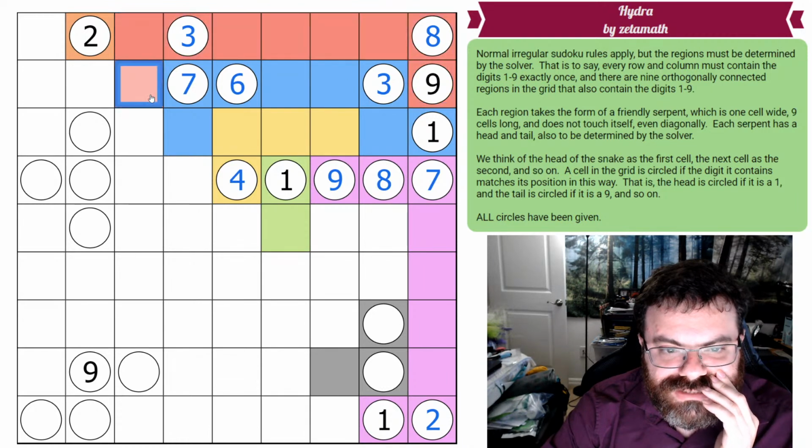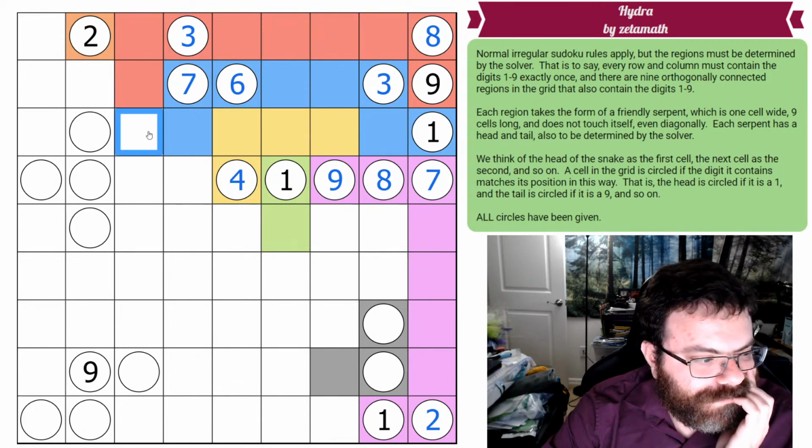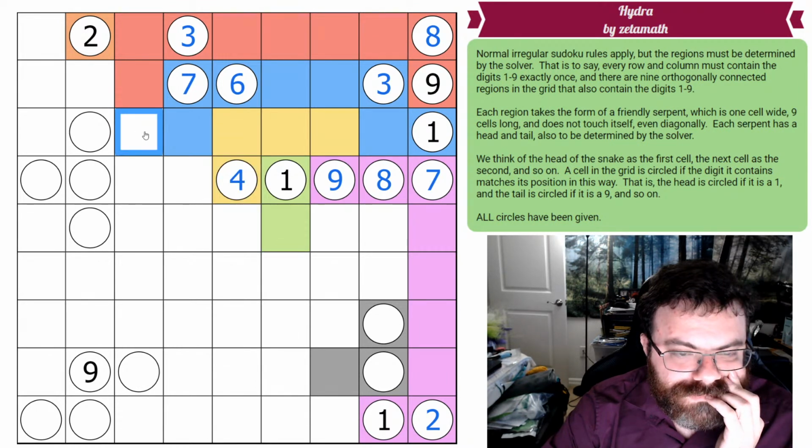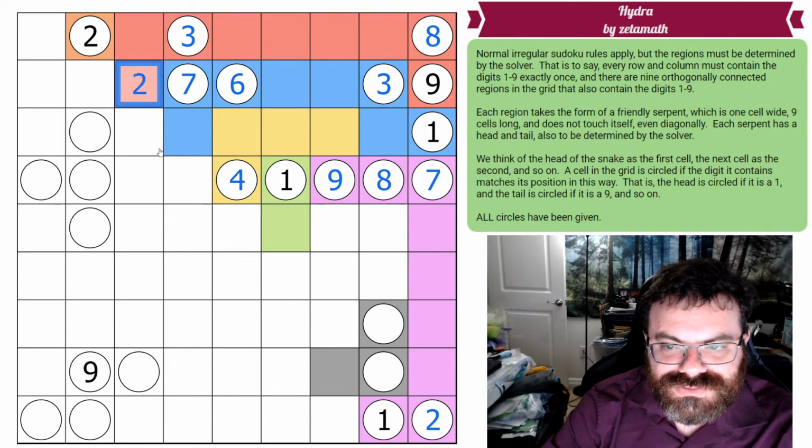The red snake needs a 2. This could be a 2, though. Oh, red's done. I see. So this is 2. It was blue that needs one more.